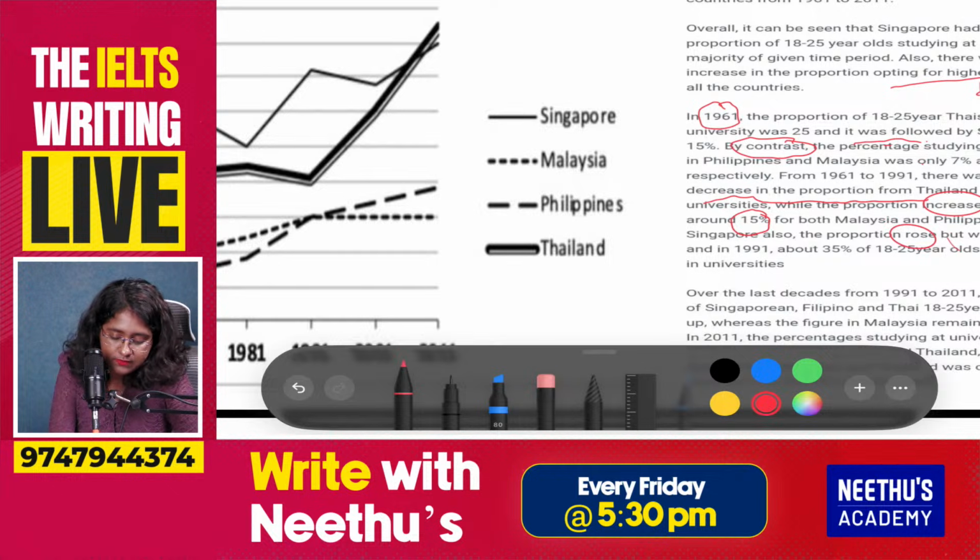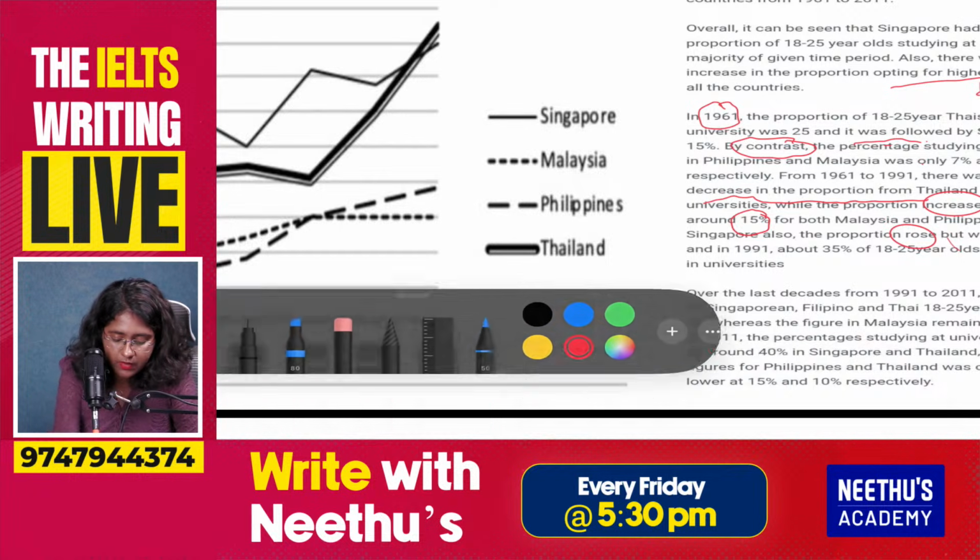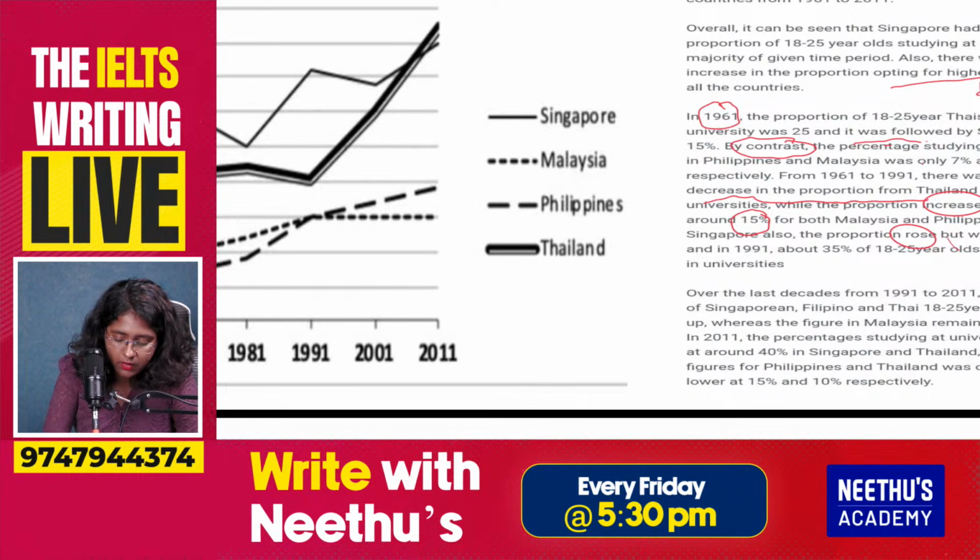Okay, over the last decades from 1991 to 2011, the proportion of Singaporean, Filipino and Thai 18 to 25-year-olds went up.